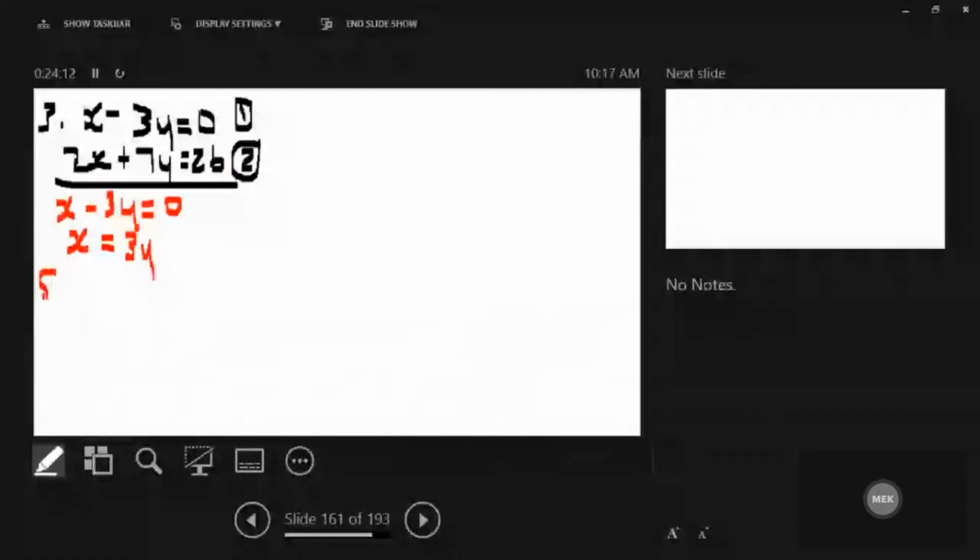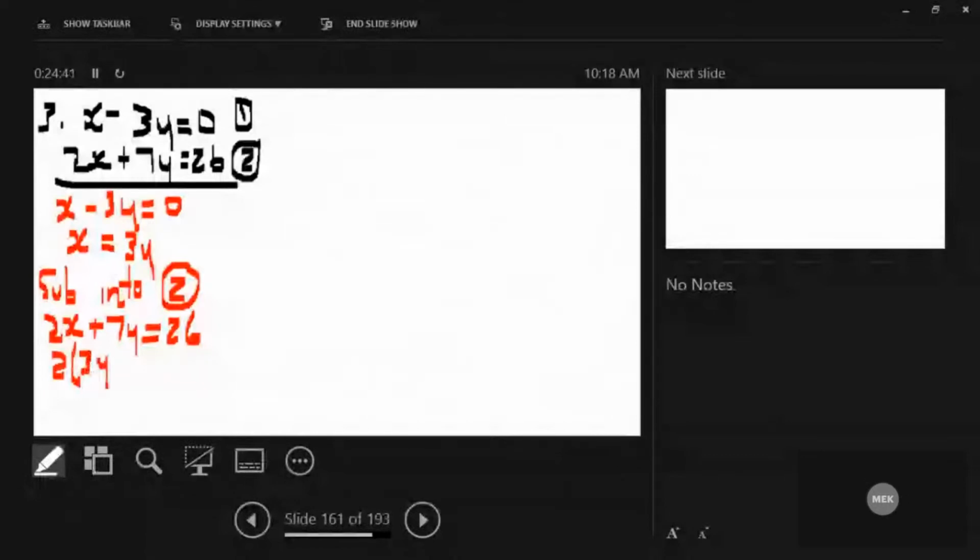So substituting into equation 2, and equation 2 says 2x plus 7y equals 26. We put 2 brackets 3y plus 7y equals 26.